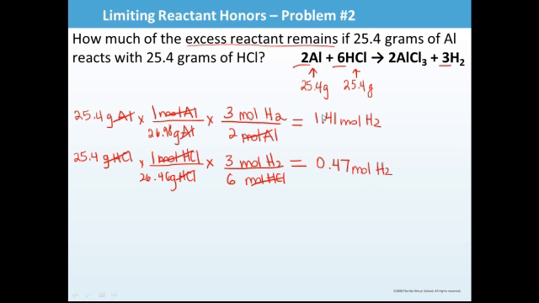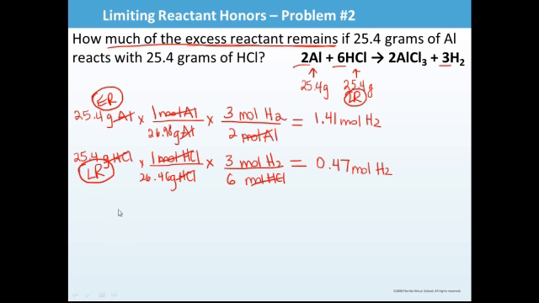You look at your answer, we were able to produce the least amount of hydrogen gas from HCl, which means HCl is my limiting reactant. Since I know what my limiting reactant is, now I can figure out how much of my excess reactant will remain. So my excess reactant is my aluminum.